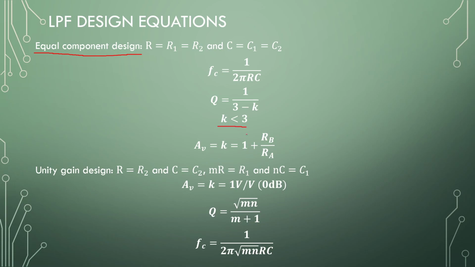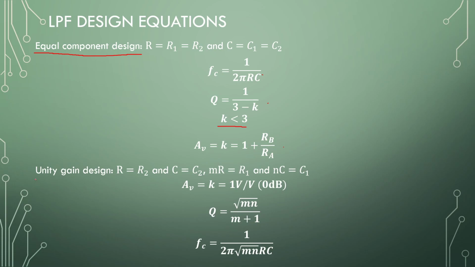Note that K should always be smaller than 3. The moment that K becomes larger than 3, we build an oscillator. Plain and simple. So this gain will always be less than 3. That is the first design method, and you have 3 equations for your design.